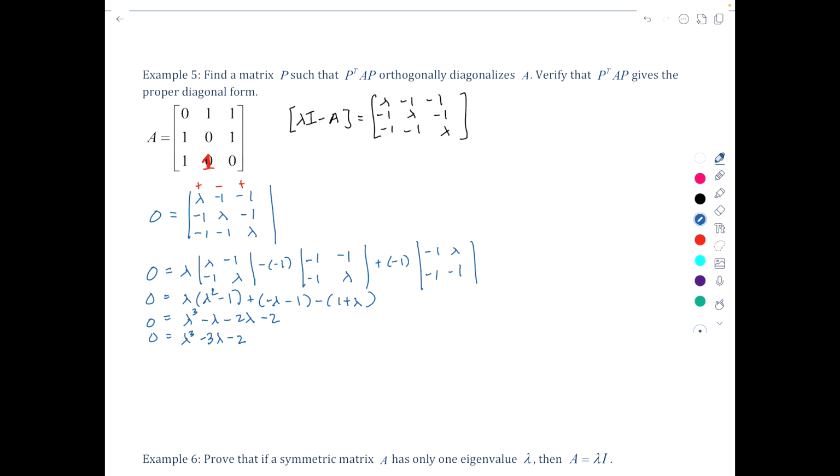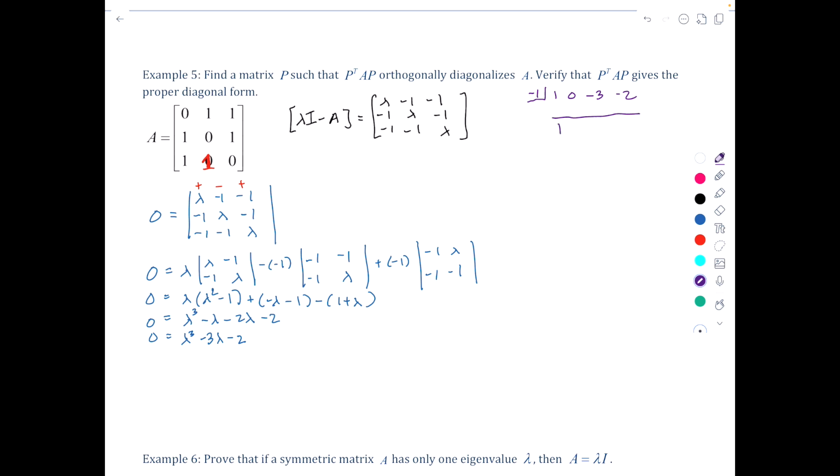And then looking at this here, you can definitely graph it using your graphing calculator. I'm going to just kind of guess that negative 1 might be a 0. So I'll have 1, 0, negative 3, negative 2.